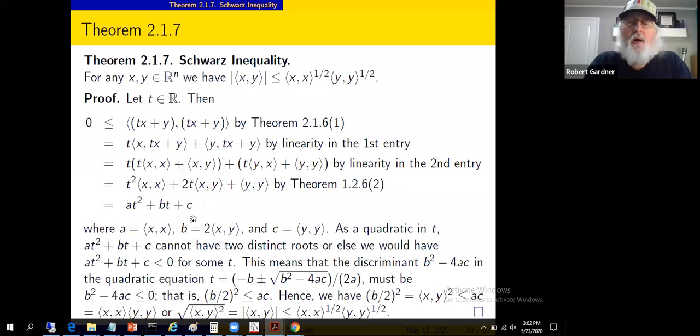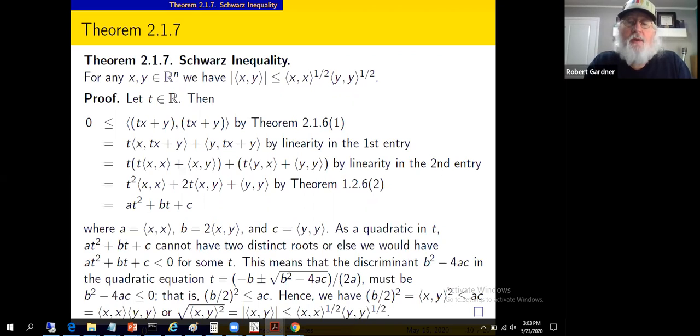All right, well, let's set this equal to 0. Use your pal, the quadratic equation, just quadratic in t, and see what that gives us. If we set at squared plus bt plus c equal to 0, by the quadratic equation, t equals negative b plus or minus some stuff over 2a.